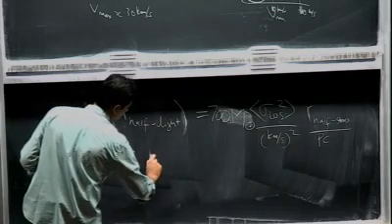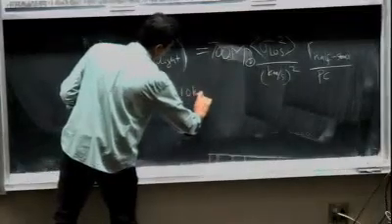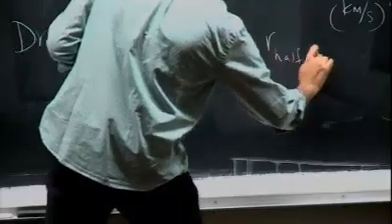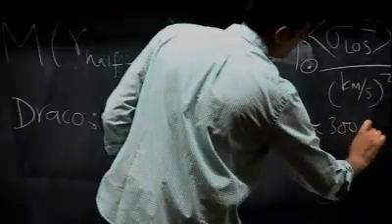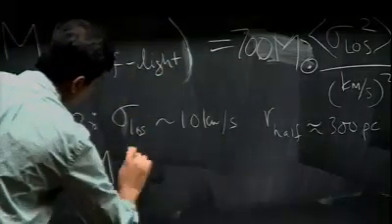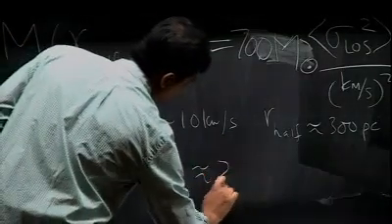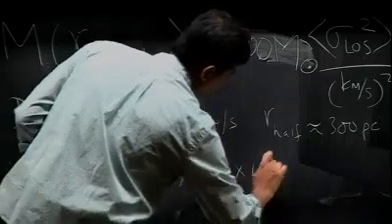And remember, I said sigma LOS was around 10 kilometers per second. R half, let's take 300 parsec. That's the extent of Draco. Plug it in, and you'll find this M at R half is about 2 times 10 to the 7th solar masses.